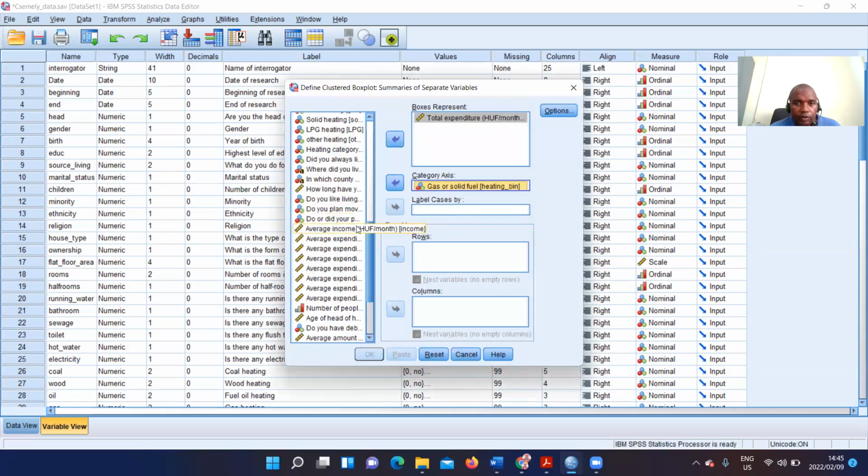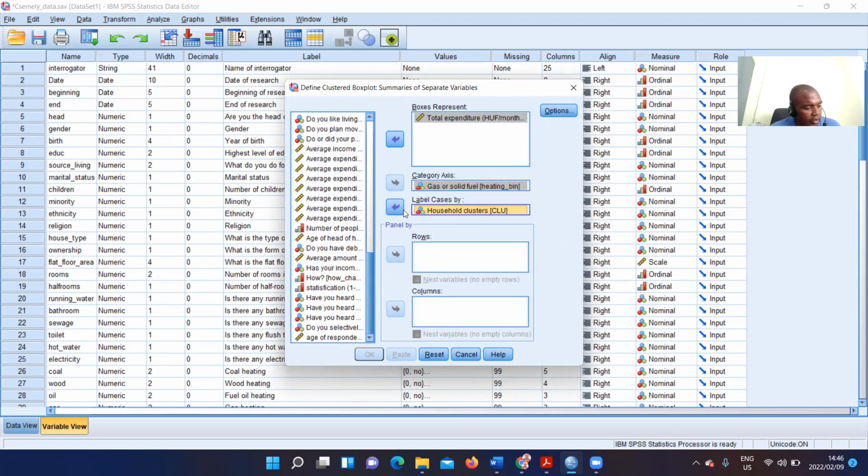And then we have household clusters, which is second from last there. And then we have household clusters, gas or solid fuel, and then things are grayed out at the present moment.